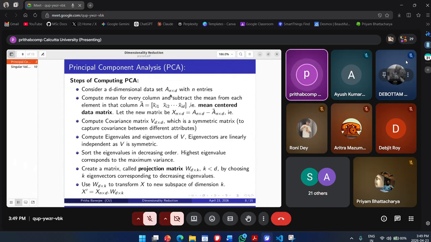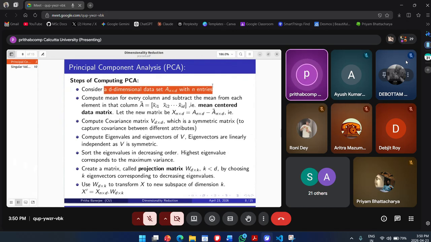So from there we went to the maximization of the variance, which essentially means maximizing the projection of xi onto the line where the variance is maximized.